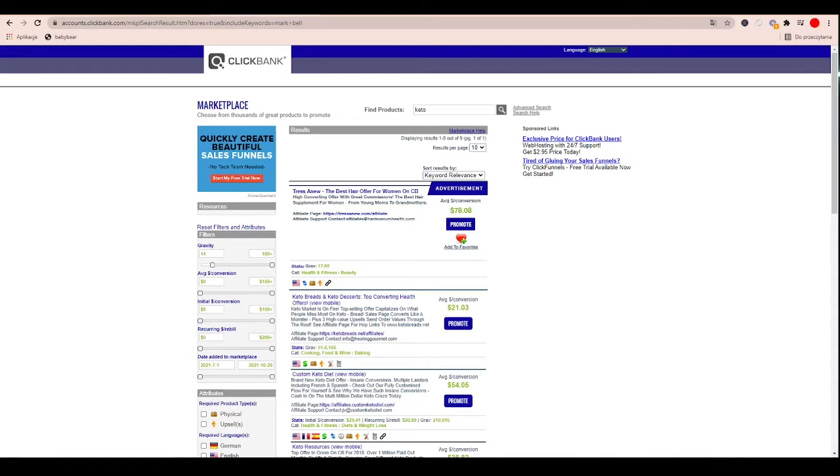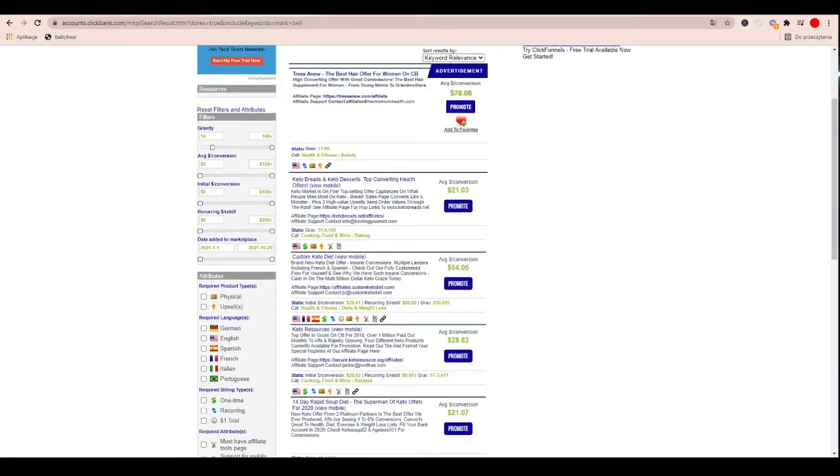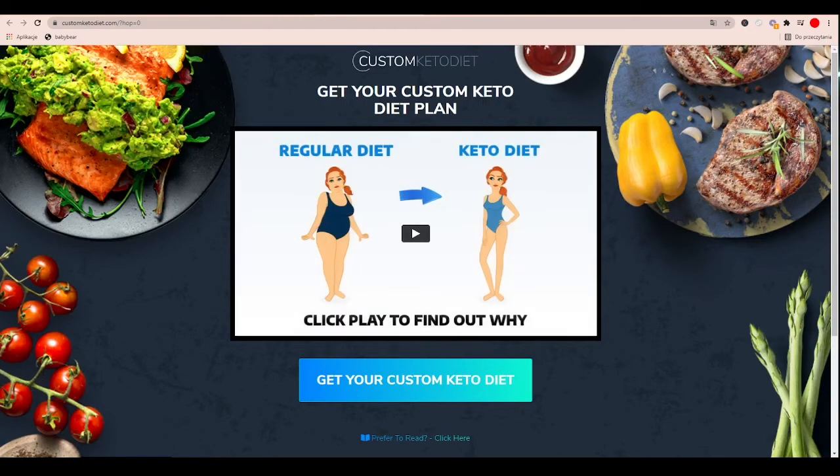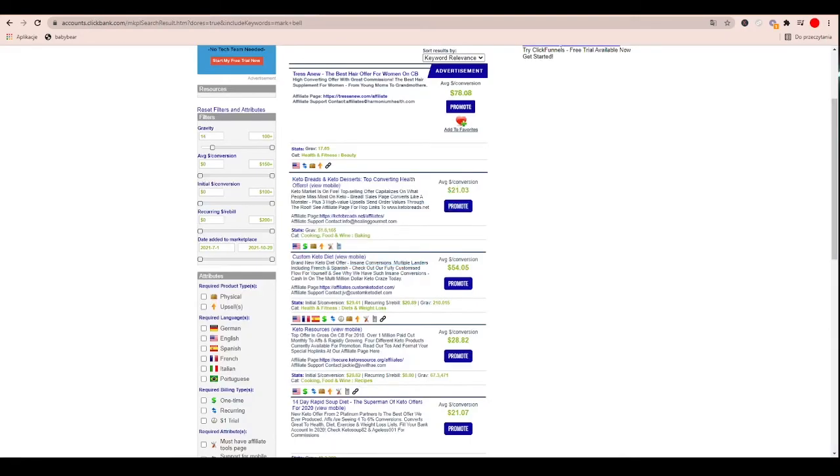I thought it would be good to diversify, so I found a pretty hot product that a lot of people were selling, and it was this one. Custom keto diet. I actually found this one because I couldn't find Mark Bell's product anymore.